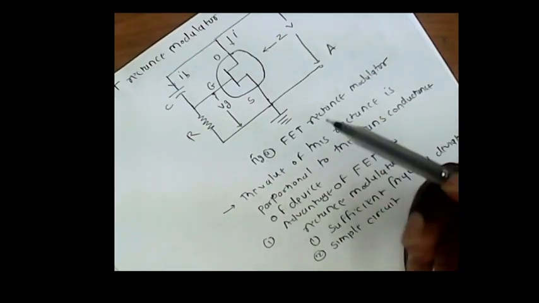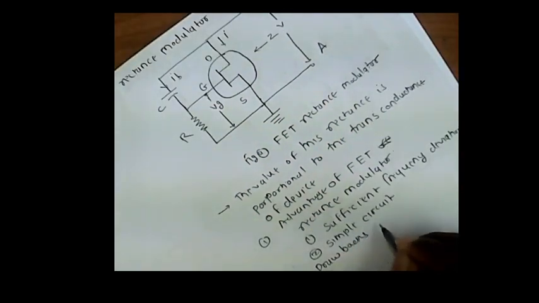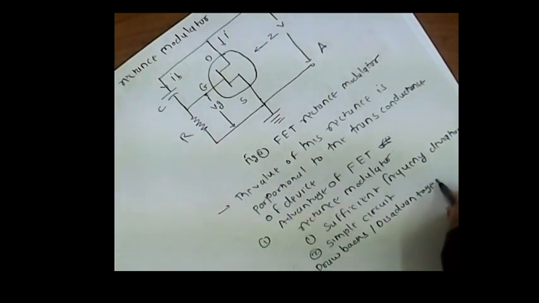Second, simple circuit. The circuit design is very simple, only a FET and capacitor are the components. And now the drawbacks or disadvantages of the FET reactance modulator.